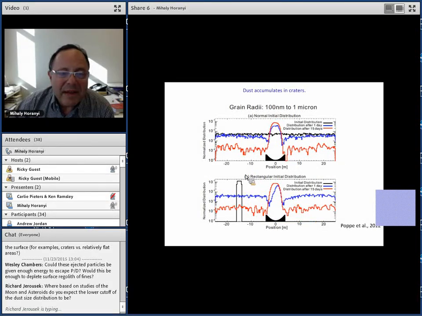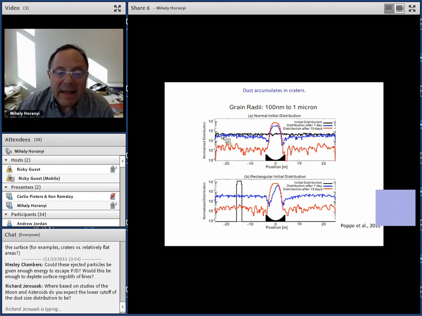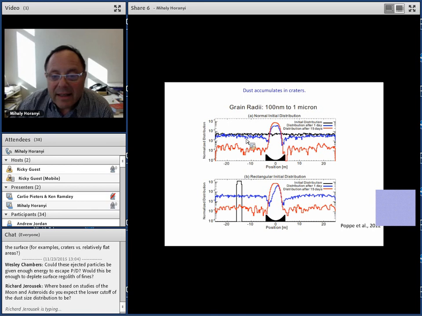Imagine that on the top, the black line is a uniform distribution of dust. Then as you wait during the lunar day, you wait a little, those are the blue, you wait a little longer, those are the red, and the black indicates where the crater in this simulation is. Notice that there is a huge pile of dust at the bottom of a crater. And you say, oh, you shouldn't start uniformly, you should start with a different dust distribution.